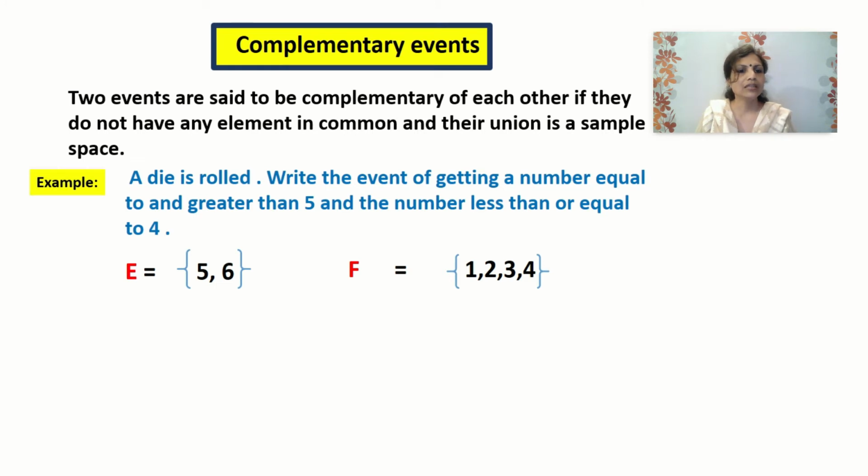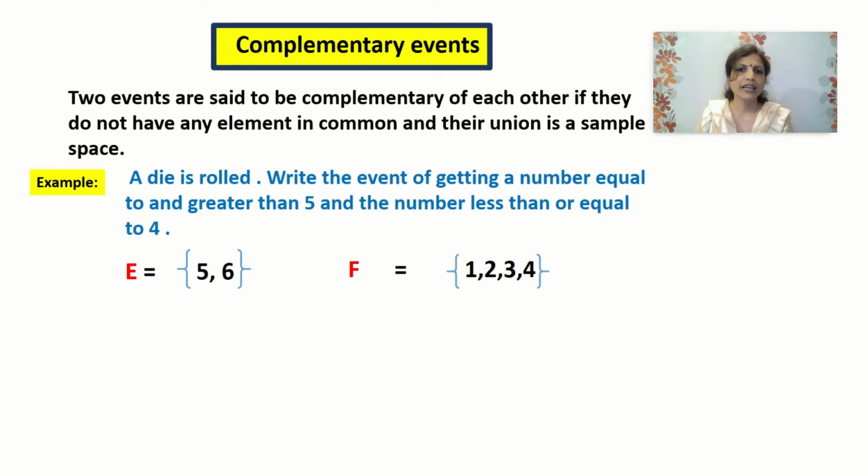The example is that a die is rolled. You have to write an event of getting a number which is equal to or greater than 5, and the second event is a number which is less than or equal to 4. So two events we have to write for this particular given example.